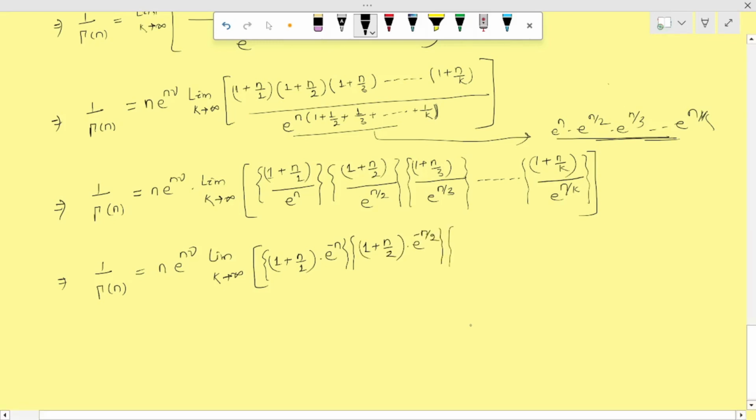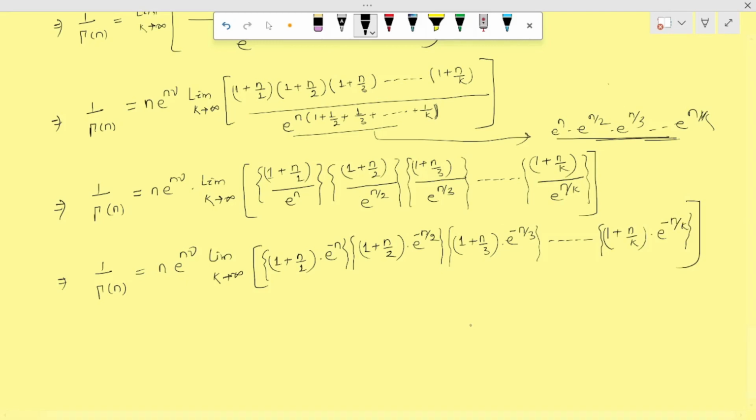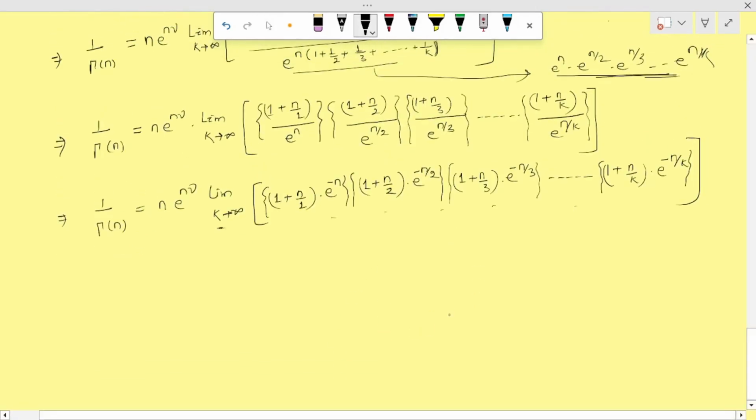Then the third term will be 1 plus n by 3 into e to the power minus n by 3, up to 1 plus n by k into e to the minus n by k. So these are the infinite product terms. As k tends to infinity, these terms move up to infinite numbers, and each and every term is multiplied with each other.